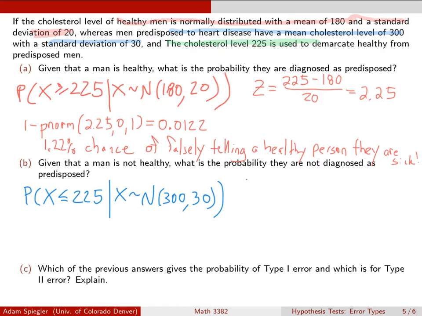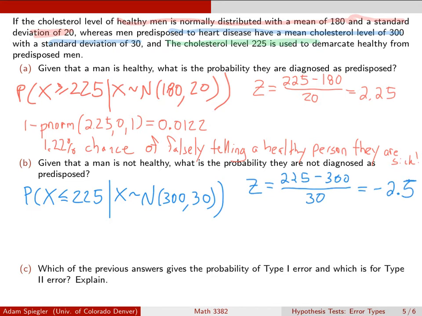Here we again calculate the z-score by taking this cutoff of 225, subtracting the mean from that population, which is 300, and then dividing by 30. We're not working with sampling distributions here. We're picking a person at random from the population, so we're just calculating the z-score using standard deviations and not worrying about standard errors. This z-score winds up being minus 2.5.